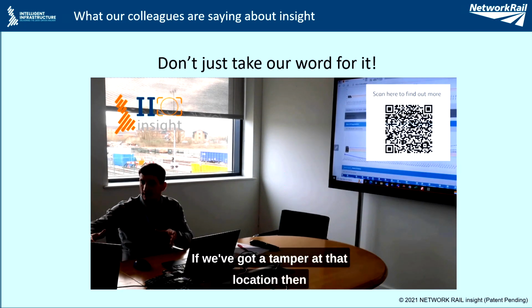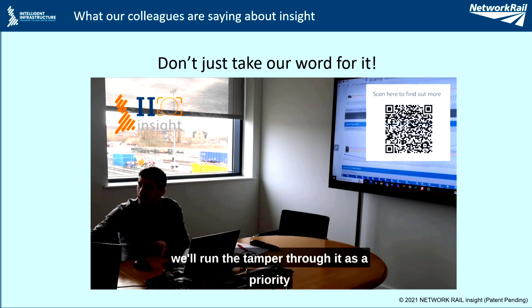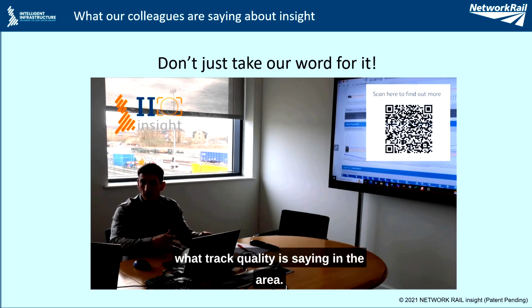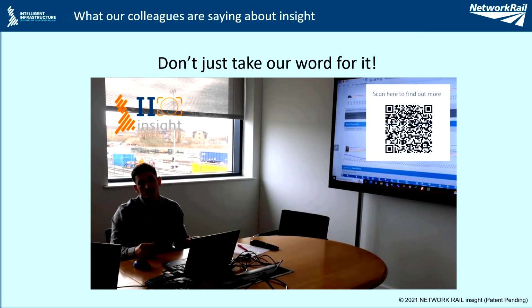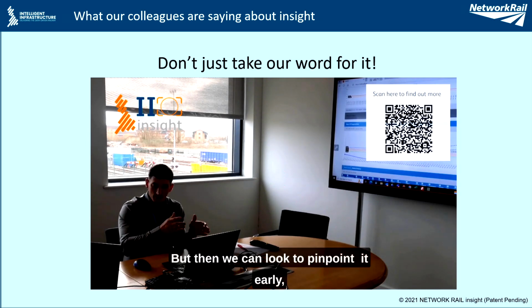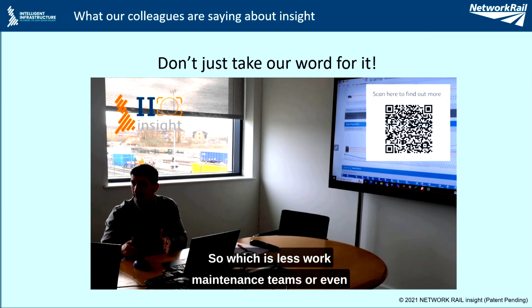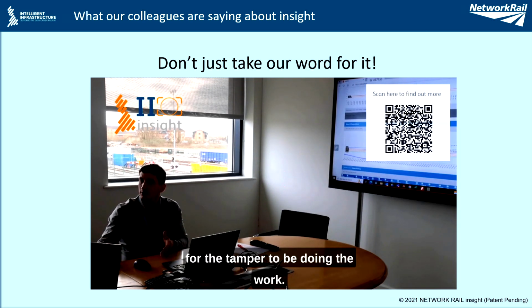If we've got a tamper at that location, then we'll run the tamper through it as a priority 1 site or priority 2 site, depending on what track qualities say in the area. But then we can look to pinpoint it early, which allows us to remove the cycles early, which is less work for maintenance teams or even for the tamper to be doing the work.